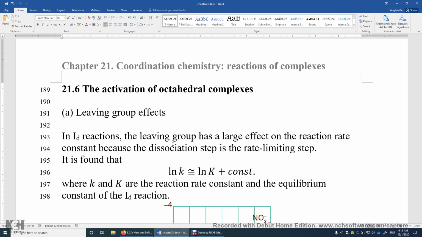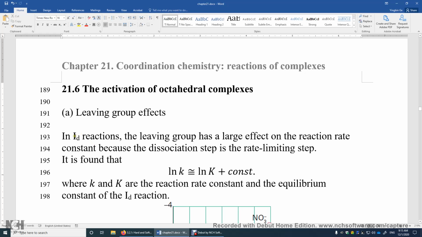And that suggests this mechanism is associatively activated. The first association step is the rate limiting step. So this is a simple way for us to determine whether an interchange mechanism is associatively or dissociatively activated.